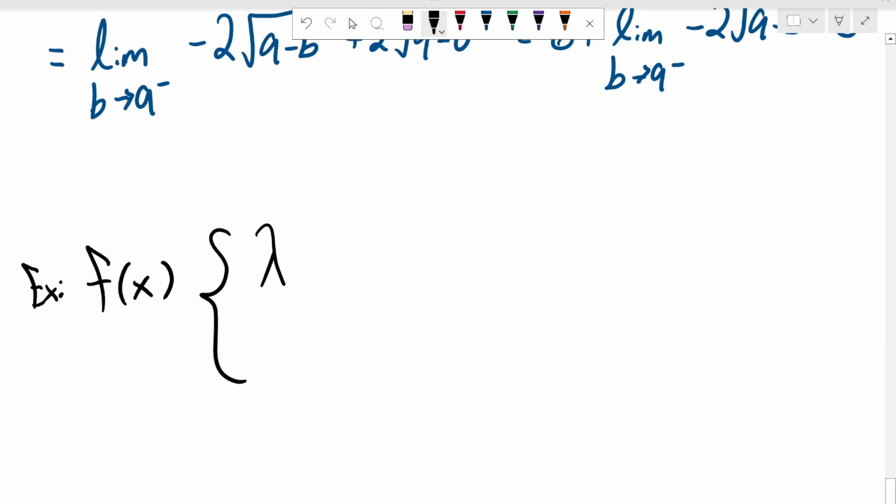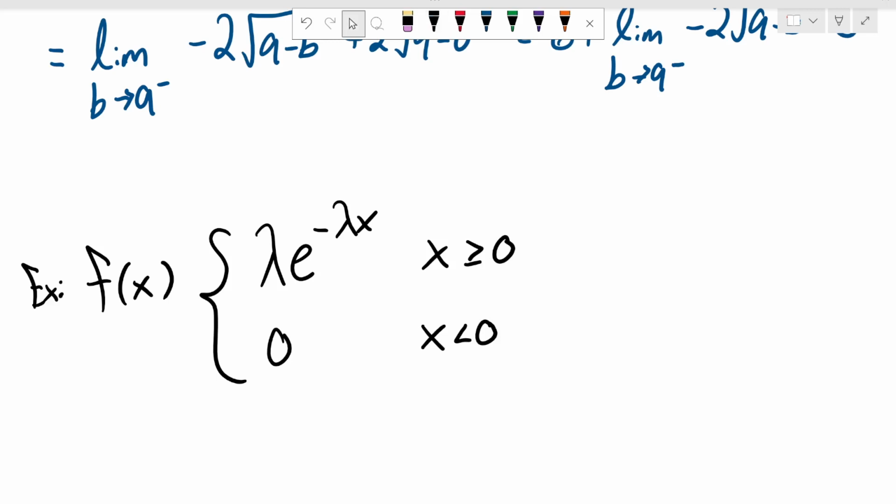Let's say that we have f of x equals lambda e to the negative lambda x when x is greater than or equal to 0, and we have 0 when x is less than 0. So again, in order for something to be a probability distribution, the integral of the entire thing needs to be 1.